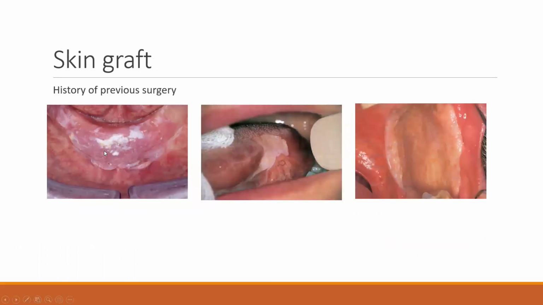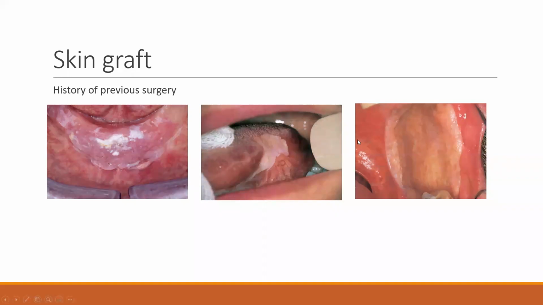Next is skin graft. A skin graft can cause white lesion-like appearances in the oral mucosa, but it is a very straightforward diagnosis from the history of surgery to treat an underlying cause, for example leukoplakia or some extensive tumor involving the soft tissue.